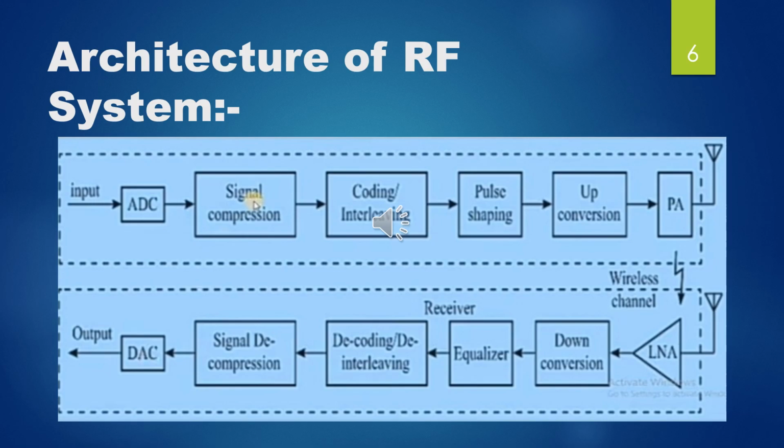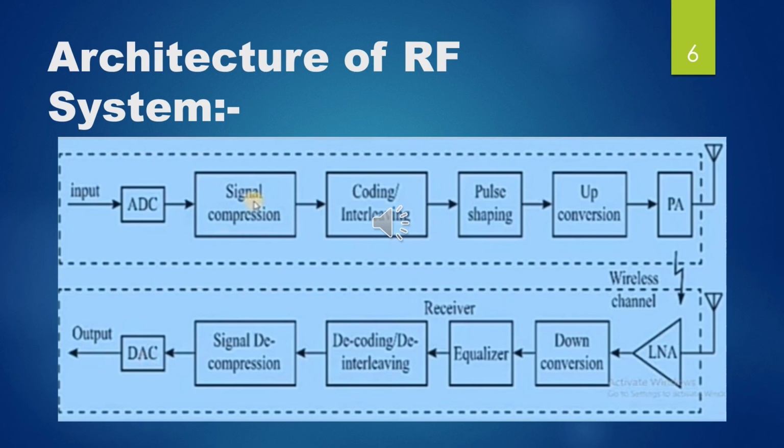After passing through multiple blocks or multiple stages, we can get the output in the form of an analog relay. Here in the transmitter, analog to digital converter, and in the receiver, digital to analog converter. It just converts the analog to digital data.